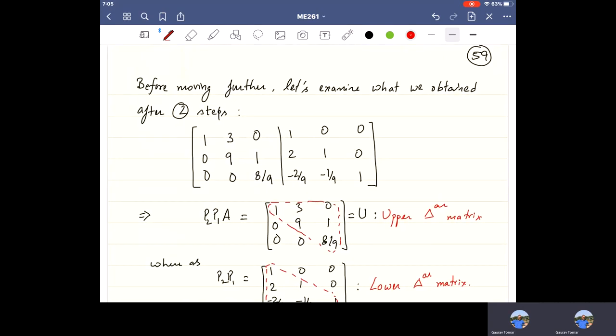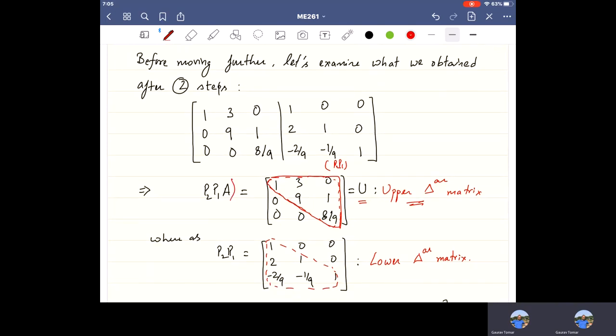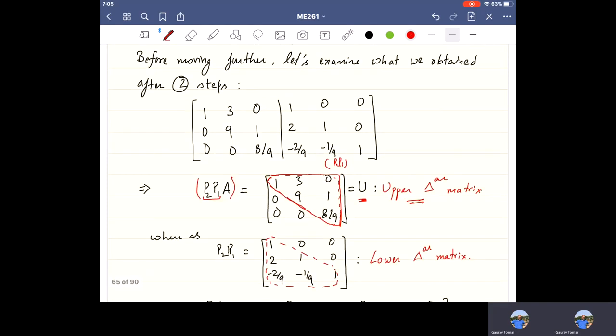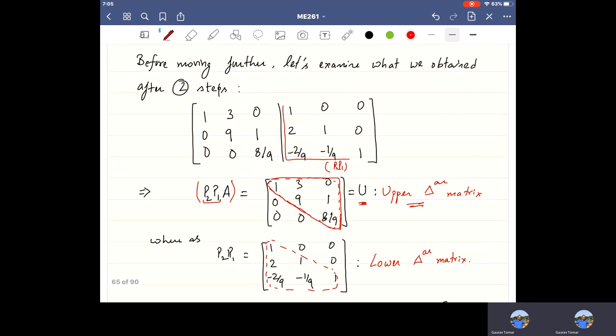Just on the way, we came across a stage where, by performing P1 and P2, we could reduce the matrix A into an upper triangular matrix like this. Essentially, you pre-multiplied A by P2 and P1, and you could reduce it to U. Now P2 P1, as you see, will always be something like a lower triangular matrix.